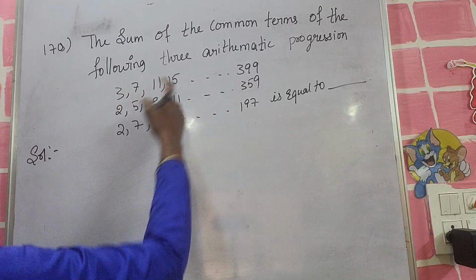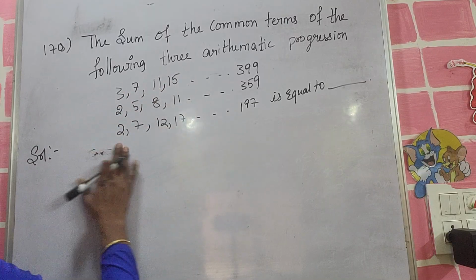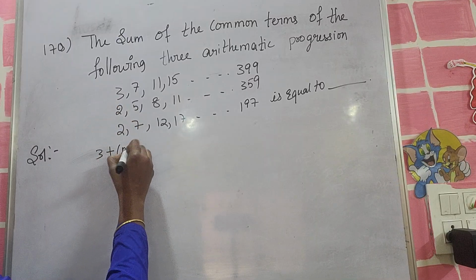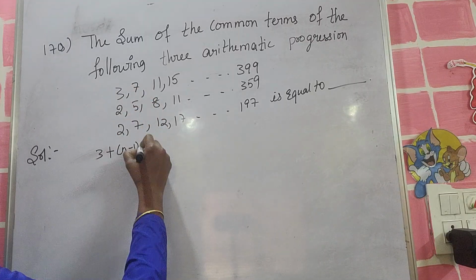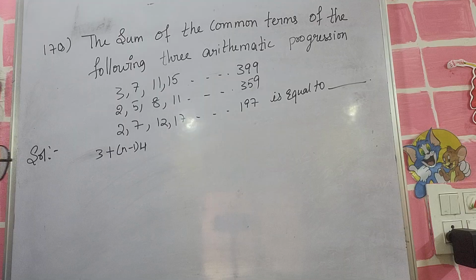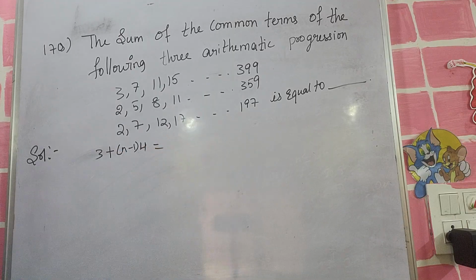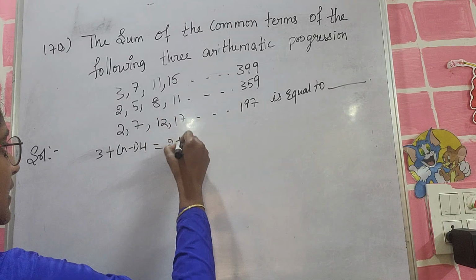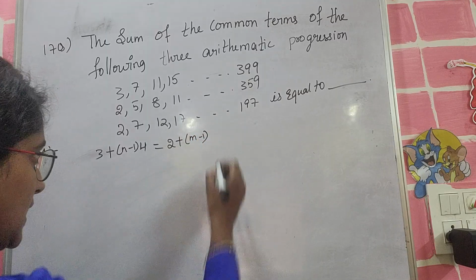First of all, we'll take the nth term formula. The nth term of this is 3 plus n minus 1 into d, and the common difference is 4. If this particular term equals a term of the second series, in the second series it is 2 plus, we'll take m, m minus 1 into the common difference 3.